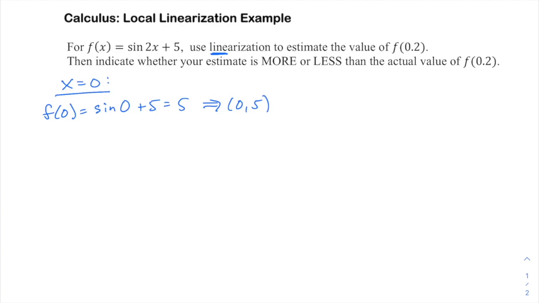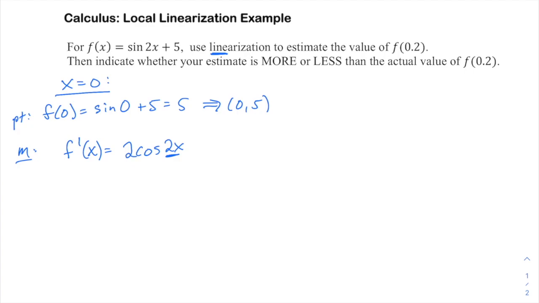And then for my slope, I need the derivative. So my derivative of f of x equals sine of 2x plus 5, f prime of x, would be cosine of 2x, and don't forget that chain rule there. We've got to multiply by the derivative of the inner expression, so times 2.